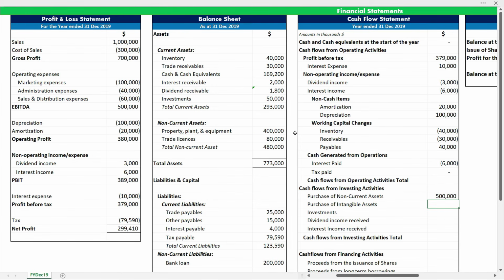Now again the same point I have to repeat here, and that is, since we are purchasing, the cash flow has to be an outflow. So I will use the same technique. I will go here, add brackets, and then multiply the whole value with -1 to make this value a negative value.